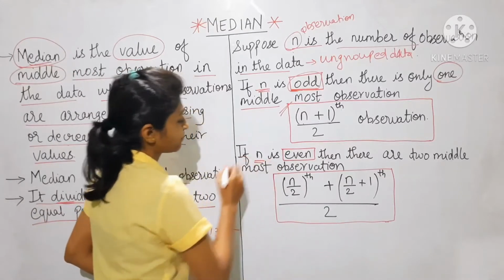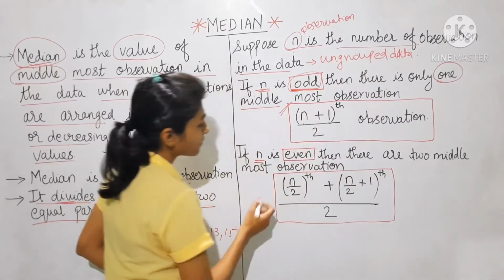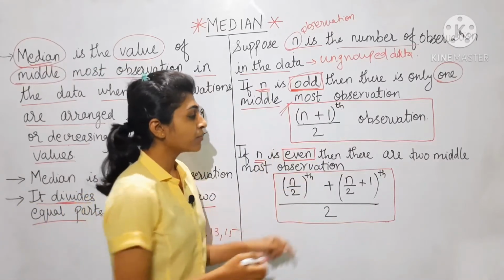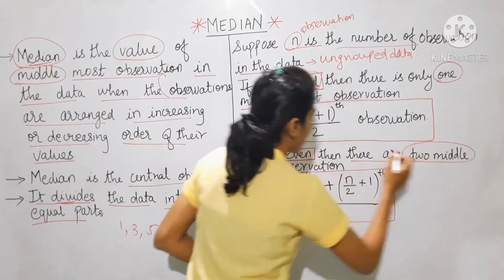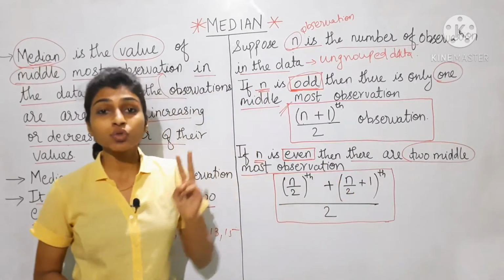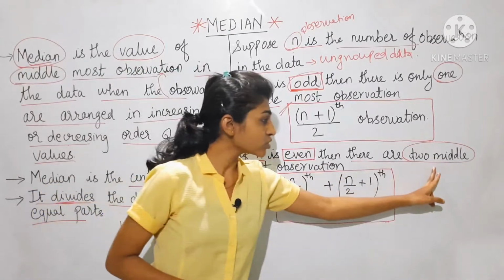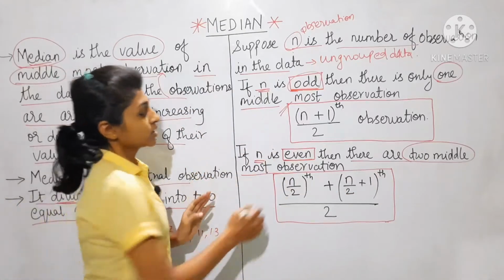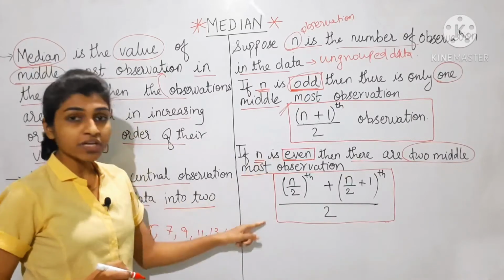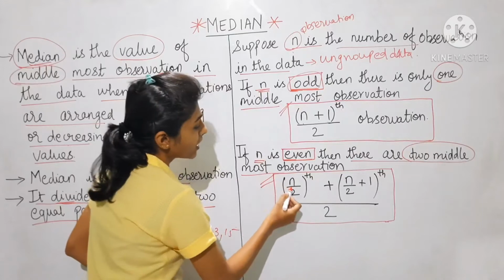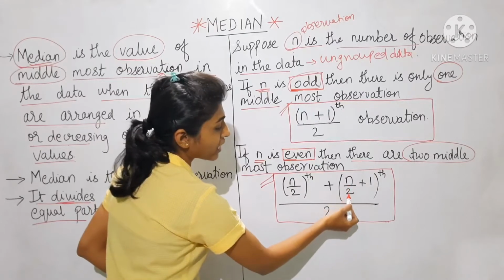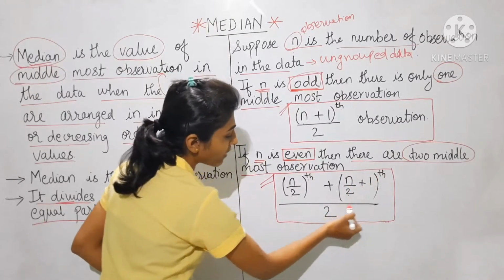And if n, the number of observations, is an even number, then there are two middlemost observations. To calculate the median for individual observations with an even number, we have the formula: the (n upon 2)th term plus the (n upon 2 plus 1)th term, divided by 2.